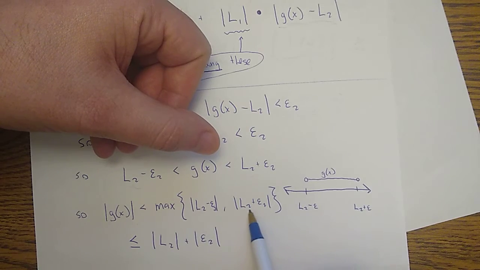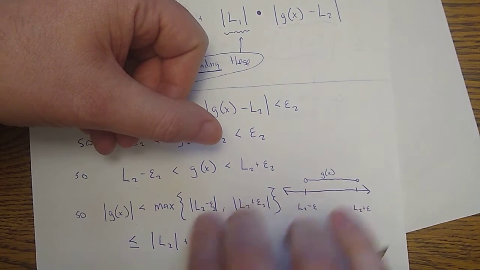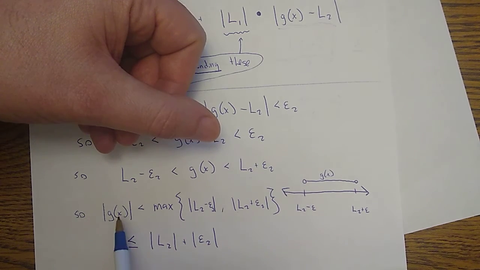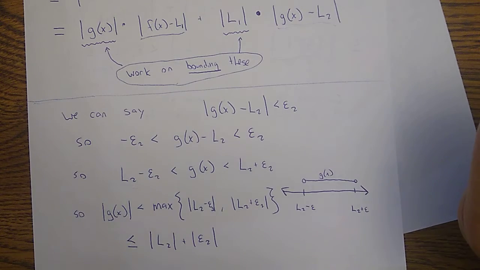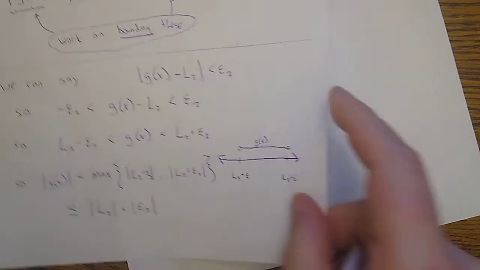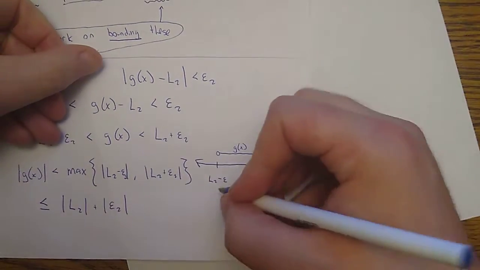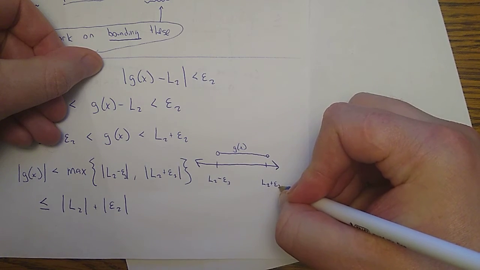Also, if I did the triangle inequality to this, I would just get this. So both of these are less than or equal to this. So g of x is less than or equal to this. In fact, let me say something even better, because I don't like that this depends on epsilon, or epsilon 2. And yeah, sorry, I'm very disorganized, but I just realized I forgot these 2's.